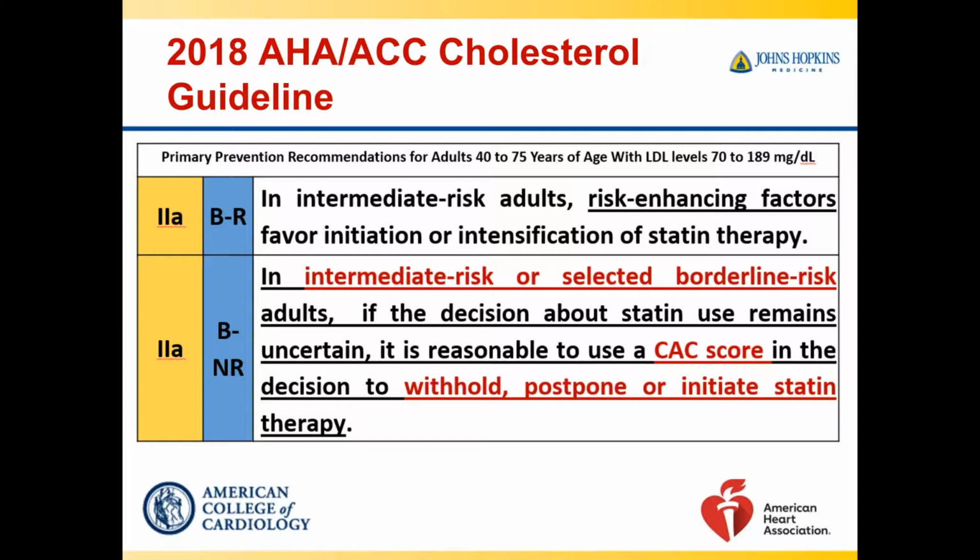But the subject of this talk is that a 2A indication was given that after you estimate the risk by the risk calculator, and after you consider all those risk-enhancing factors in that table, if it's still unclear what this individual's absolute risk is and the net benefit they would be expected to gain from statin therapy, you could then consider a coronary artery calcium score to help guide treatment decisions, either withholding or postponing initiating statin therapy.